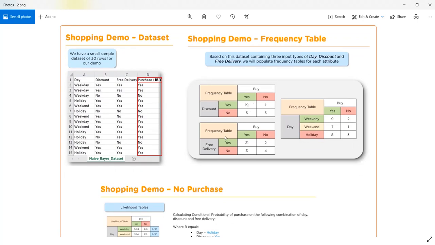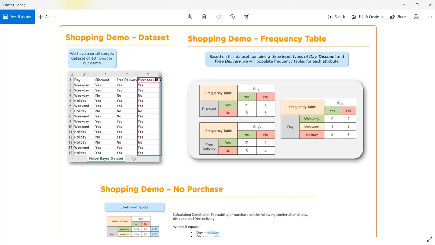So we have three frequency tables here. Why three? Because we have three descriptive features here: day, discount, free delivery. Each descriptive feature has some contribution to the target feature, so the target feature goes here. In all three frequency tables, we have the target feature.